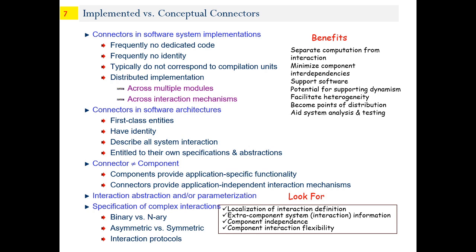Because unless and until the component decides to transfer the state, the other component cannot dictate the component in question to transfer the states. Right? So what do we have to look for? We have to look for the localization of interaction definition, extra component system communication, component independence, that is cohesion, and component interaction flexibility. That is how many possible ways there are for communication. Otherwise the communication becomes static.